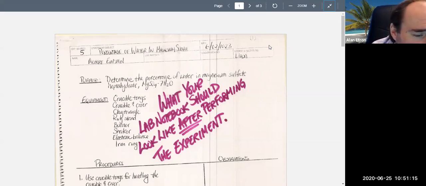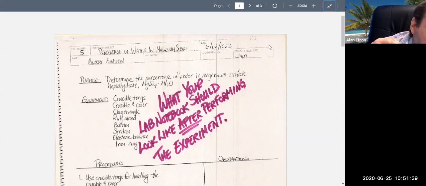Yeah, so you kind of have to do it twice, if you will. I don't want to say twice, but again, if you do a very good job in your lab notebook, when you go to type your report, it should be fairly easy, because essentially you will have everything that you need. But the main difference is, as you can see here in the notebook, you could kind of do almost like bullet points if you want.